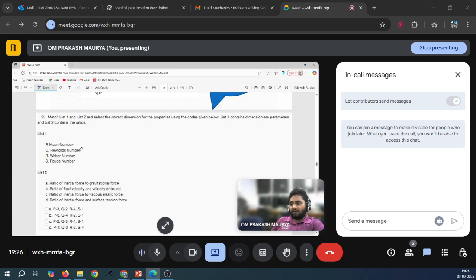So Mach number, Reynolds number, Weber number and Froude number. Option A, ratio of inertial force to gravitational force. Option B, ratio of fluid velocity and velocity of sound. Option C, ratio of inertial force to viscous force. Option D, the ratio of inertial force to surface tension force.